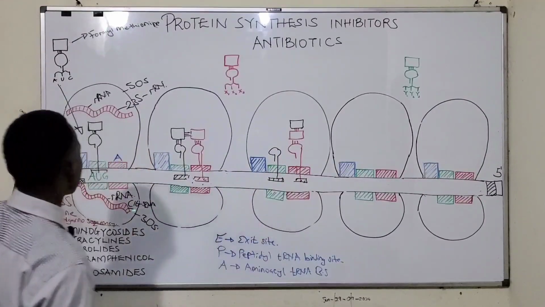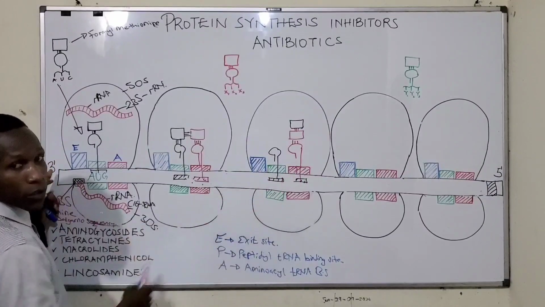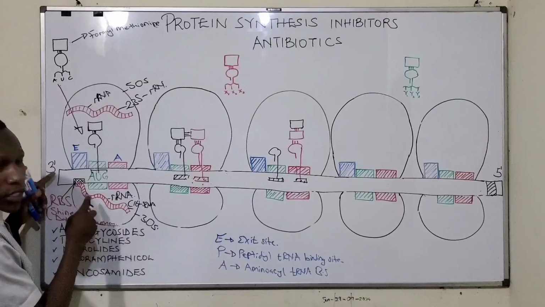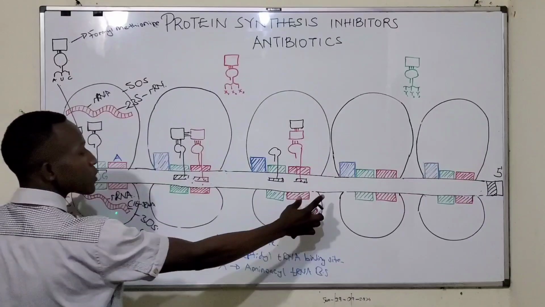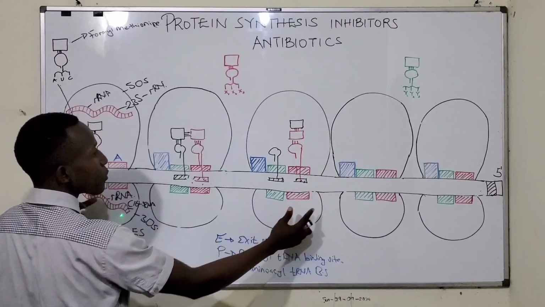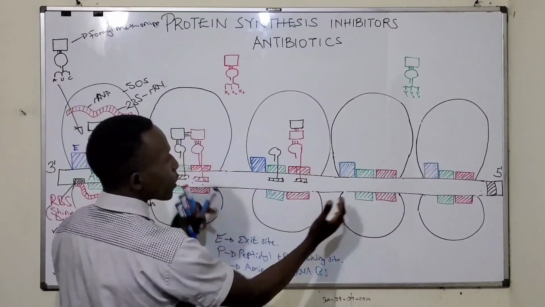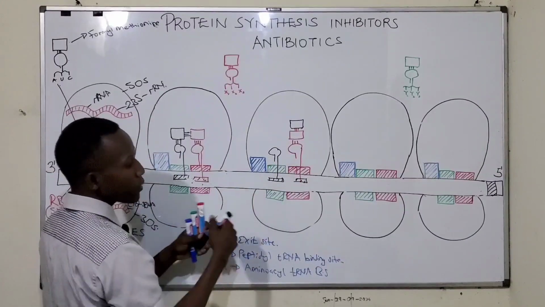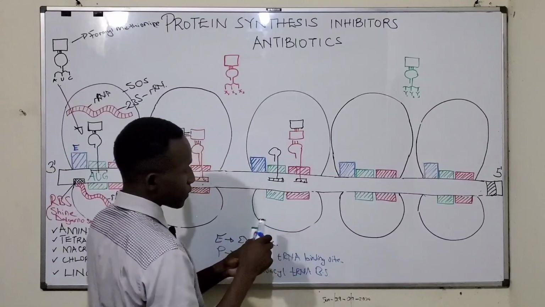After this, the messenger RNA will be moved in the 5' to 3' direction. We are translating in the 5' to 3' direction, so the messenger RNA moves, meaning that this empty transfer RNA will come to the E site.